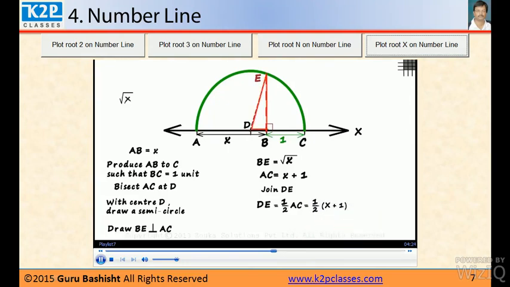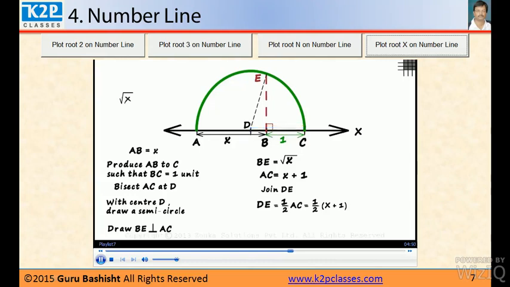Now observe this triangle, triangle DEB. We know the length of the hypotenuse. If we find the length of DB in terms of x, then by using Pythagoras theorem, we can find the length of BE in terms of x. The length of DB will be equal to the length of DC minus the length of BC.